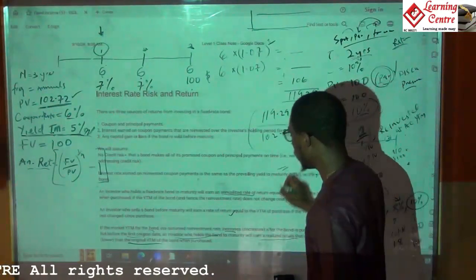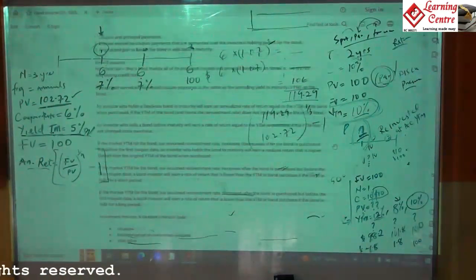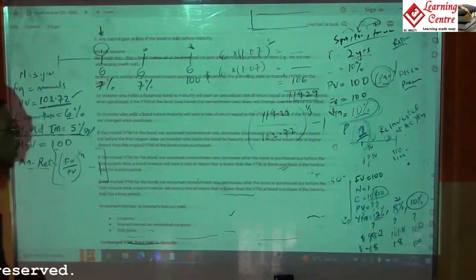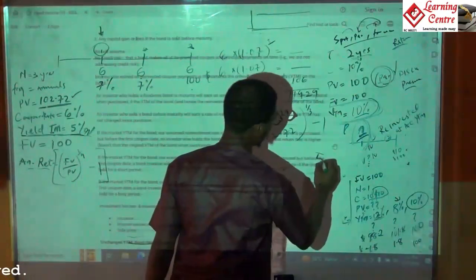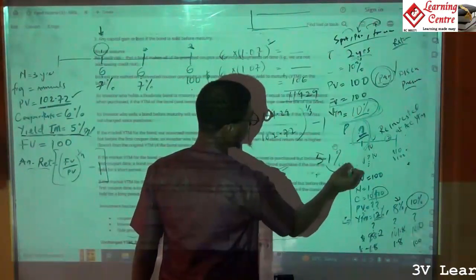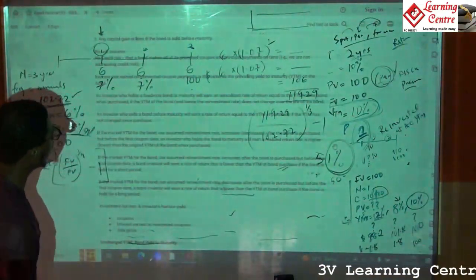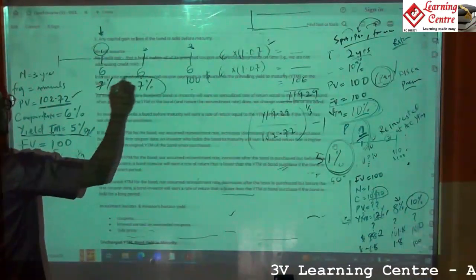What do you get? 5.1%. Right? So the investor was able to achieve an extra 0.1%. From where?